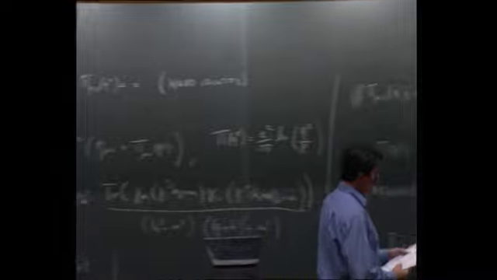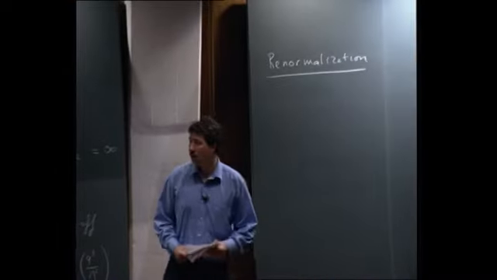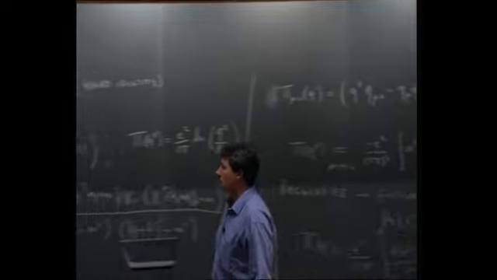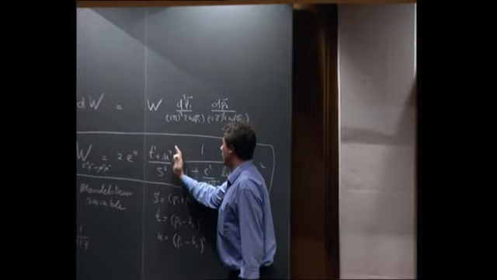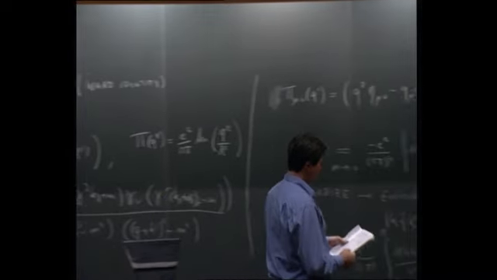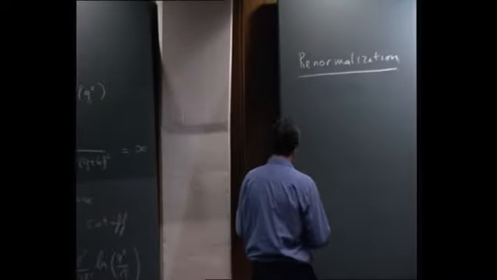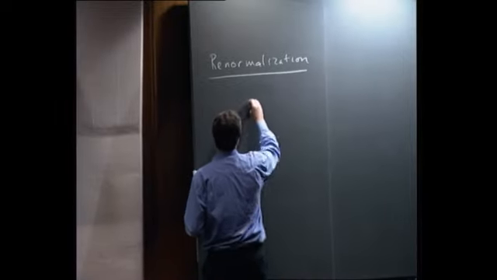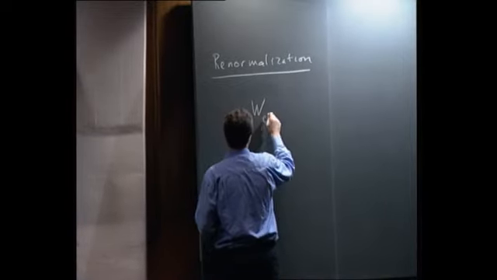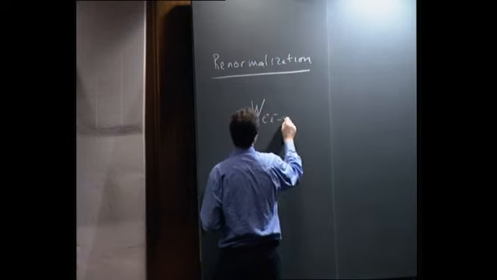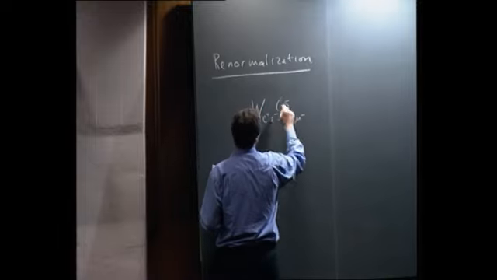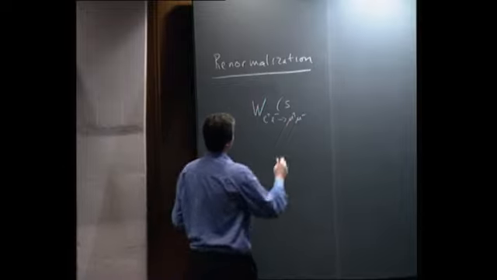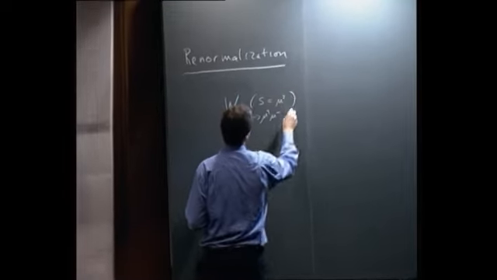So the starting point of renormalization is to take the original calculation which I had, namely without the loop corrections, and then do my experiment at a certain value of energy. So I'm going to look at this experiment and I'm going to take S to be at a certain value, which I will call mu squared, which is an energy scale.